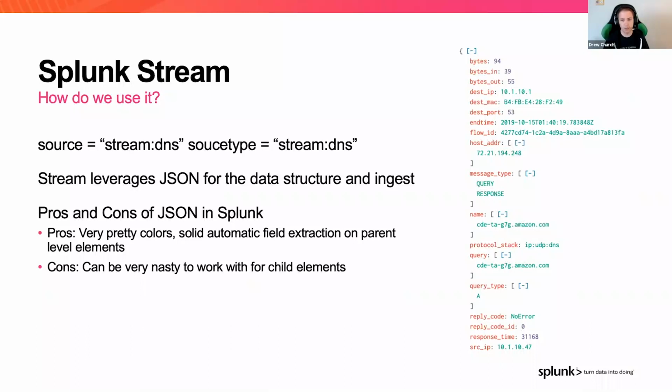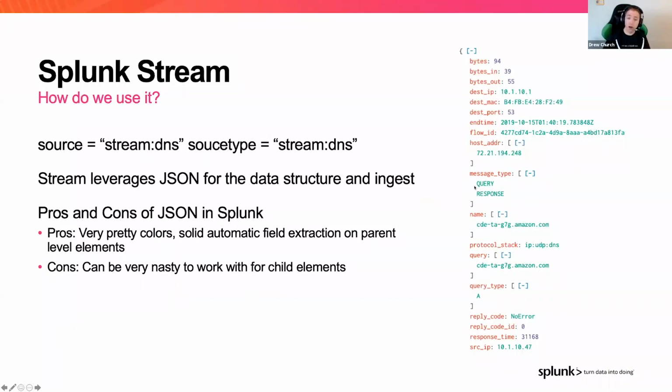Love the colors, the reds, the blues, different color blues, some purple in there. And it's got some really solid field extraction on the parent level elements, like bytes in, bytes out, all this stuff. It does a great job. You can see the flow ID, you get some really great top level stuff that's just no questions asked.